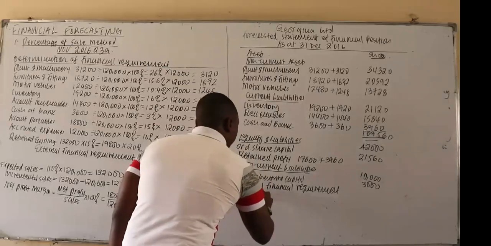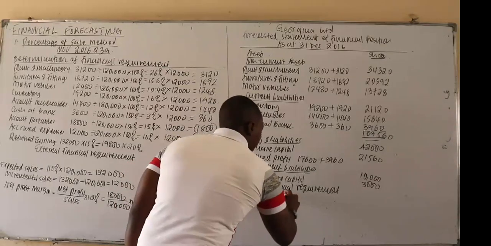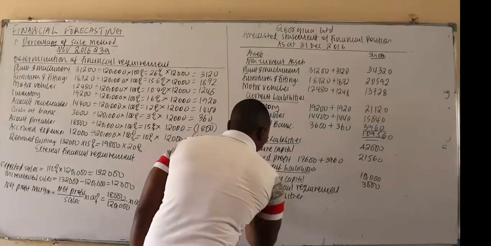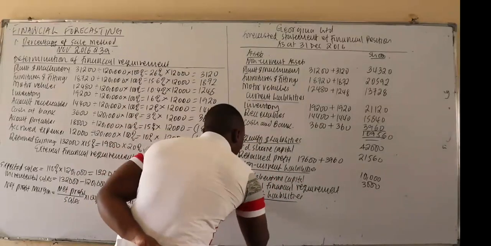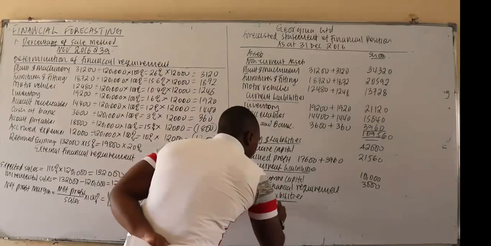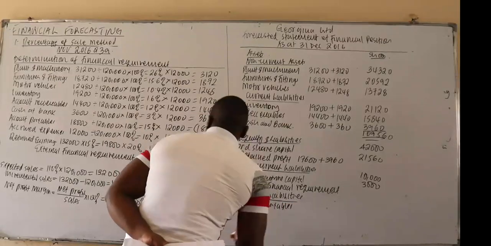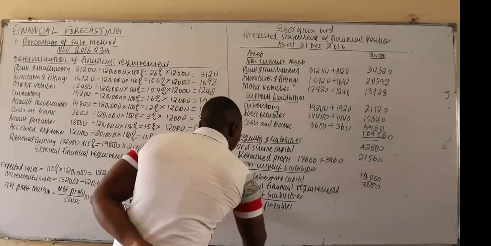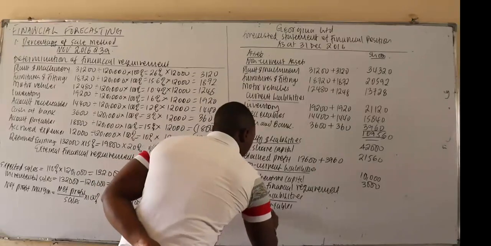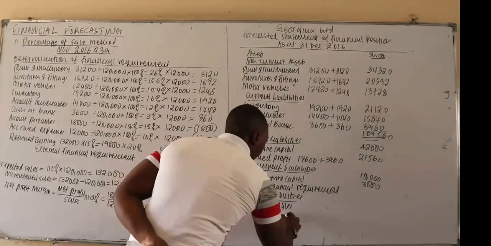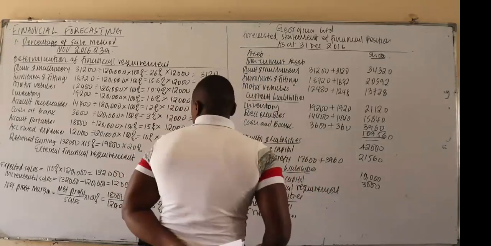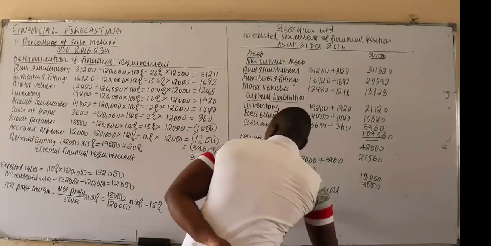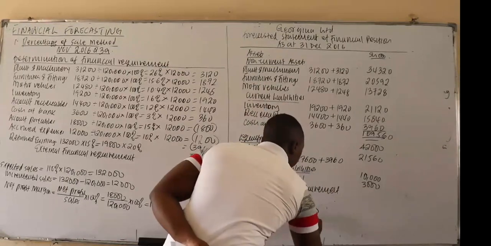Then lastly, we have the current liabilities. And to the current liabilities, we had account payables and then the accrued expenses. Account payables an amount of 18. This one is an amount of 12.